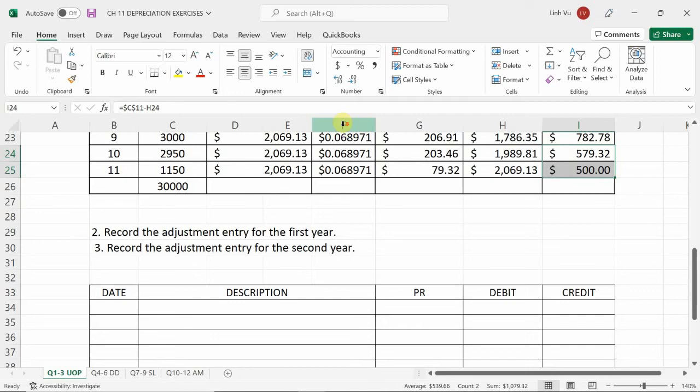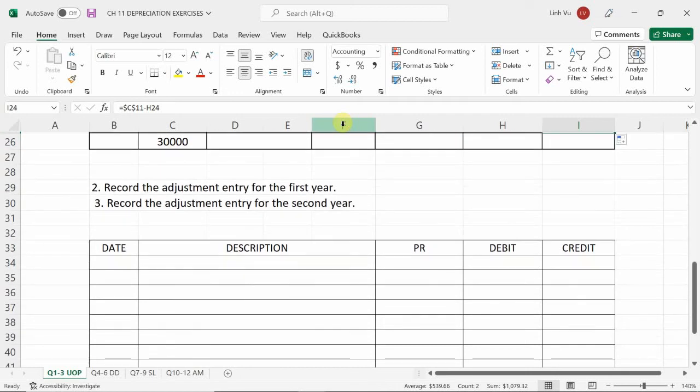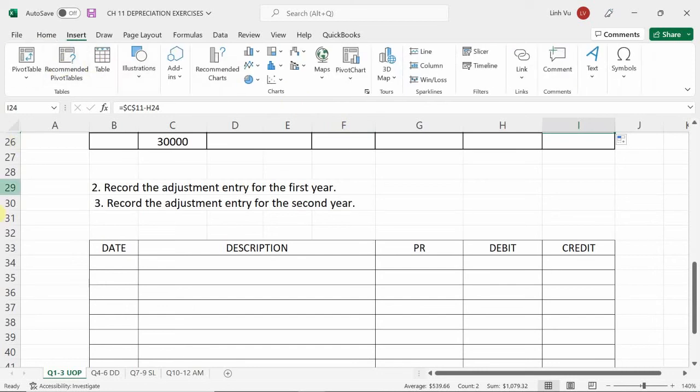Question 2 and question 3 say go ahead and journalize the adjustment entry for the first and second year. So, how do I journalize my entries?